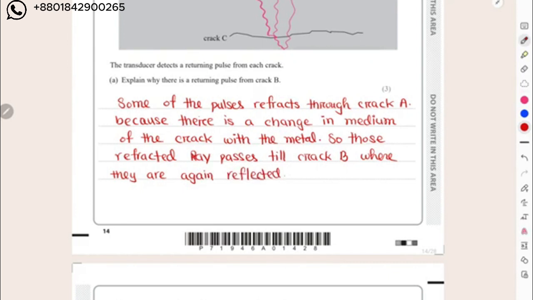Where they are again reflected. Okay, so this was the answer for your question 15A.